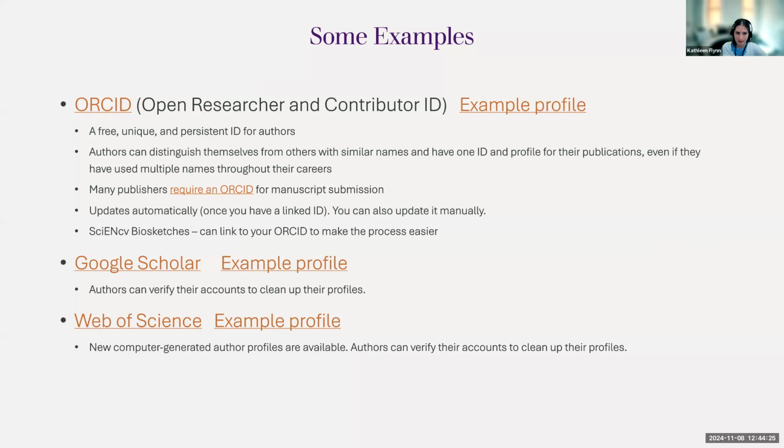Many publishers now require that you have an ORCID and that you link to it when you submit your manuscript. So you may have to create one, but it's useful. And a great thing about it is you could manually add publications if you wish. This could be nice if it's something like a presentation or something that wasn't published in a traditional venue. You can still include it there.